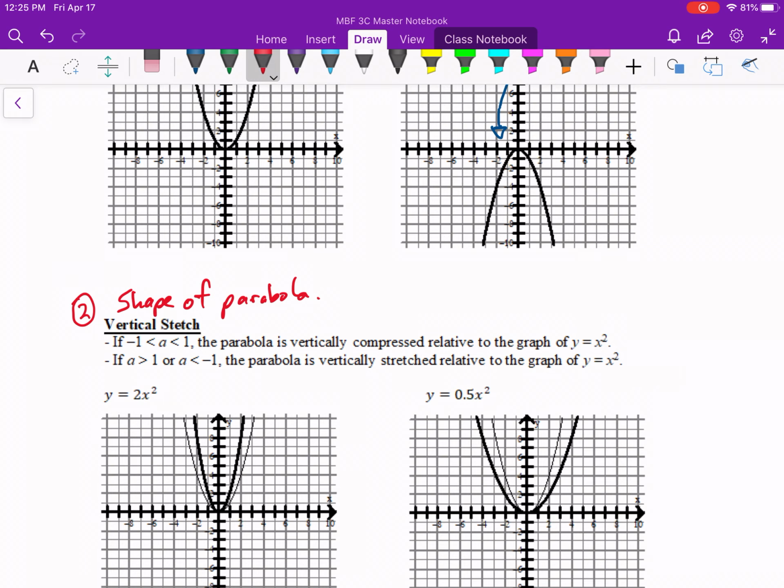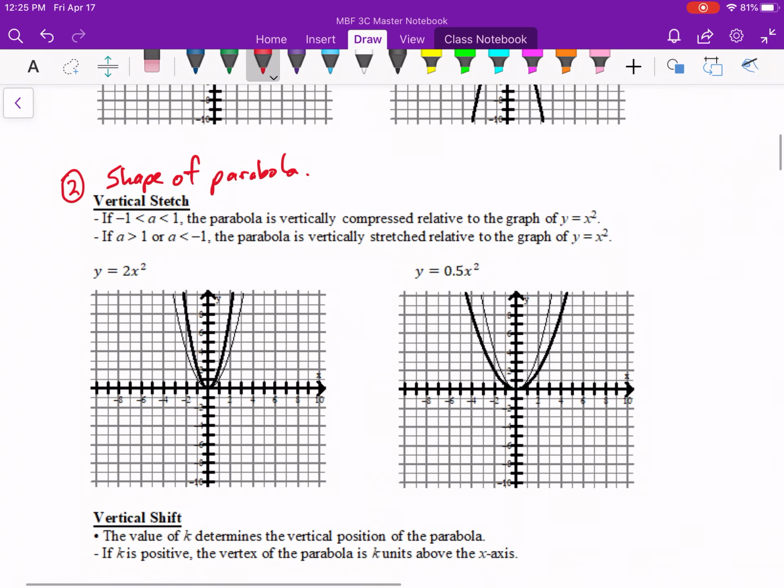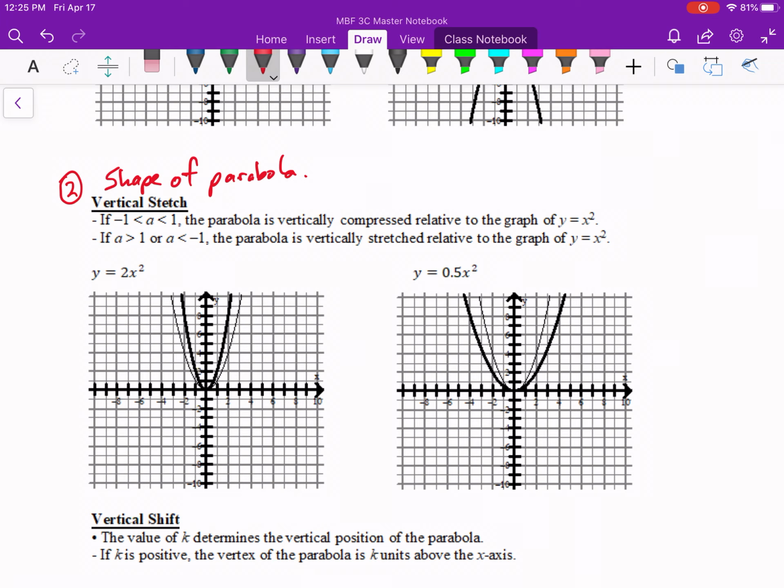So that's what we mean by vertically. Imagine that your parabola is made out of a rubber band, and you're grabbing a hold of it and just stretching it in an upwards direction, or else pressing it down to make it look wider, but we're not pulling it sideways. If a is between -1 and +1, the parabola is vertically compressed.